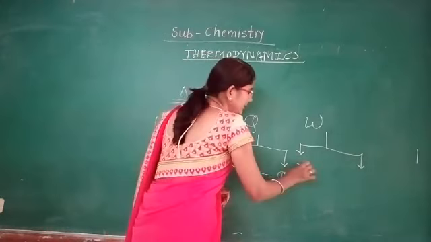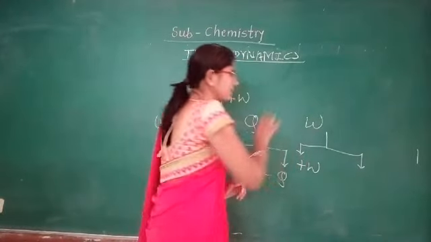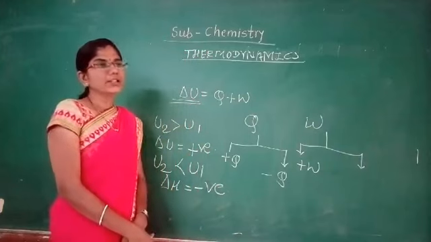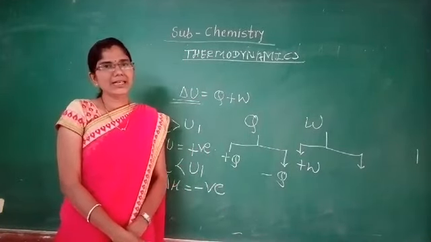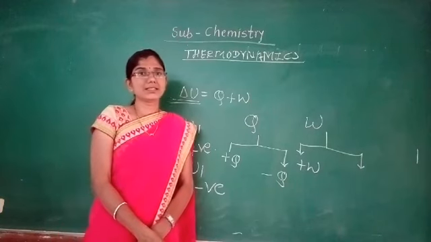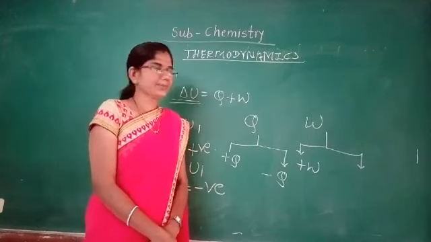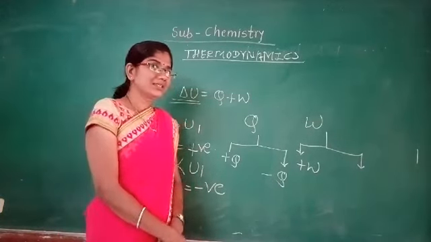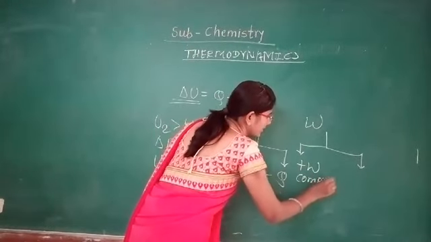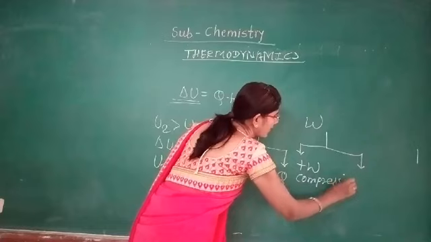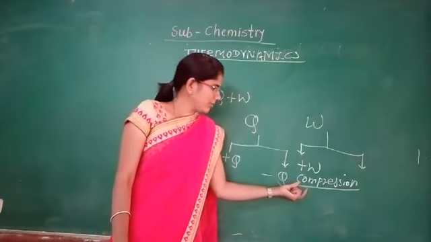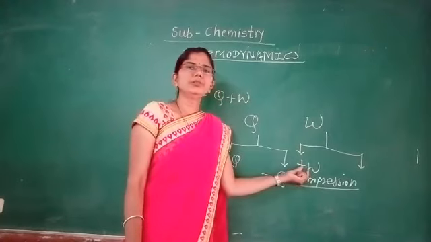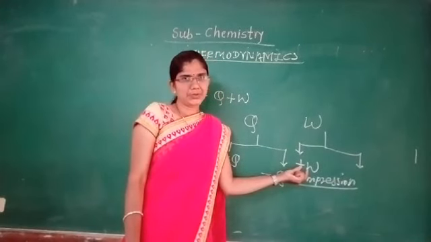If the value of W is positive, it means the work is done on the system. That means the compression type of work takes place, and for compression the value of W is positive.